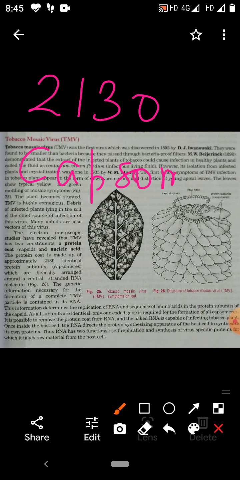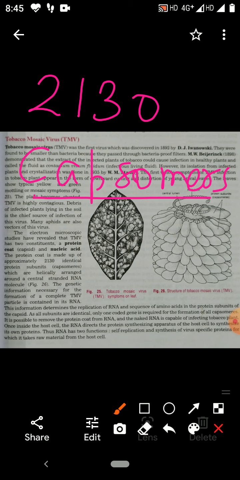These capsomers are arranged around a central single-stranded RNA molecule.